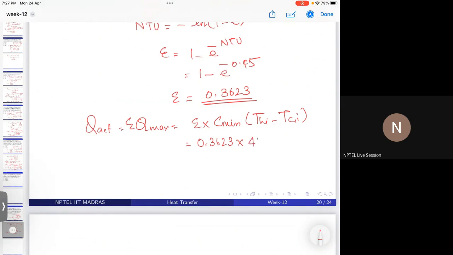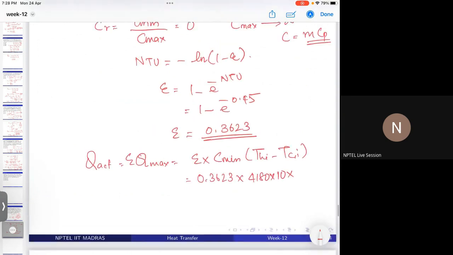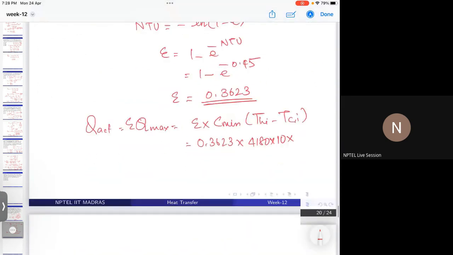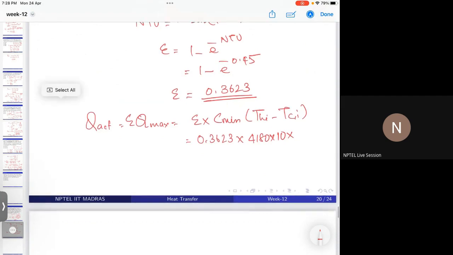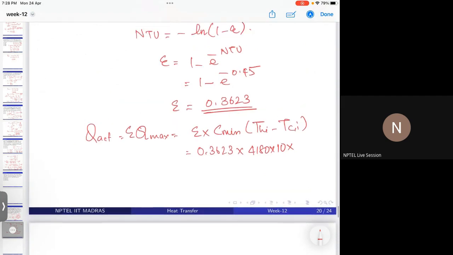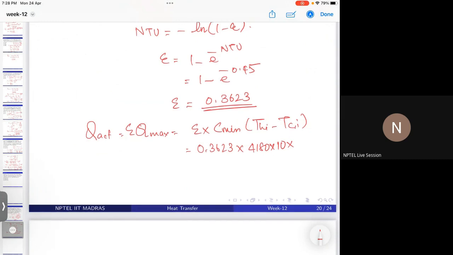So I am multiplying it by 10 tubes. This was for a single tube, so for the entire set of tubes we have to multiply by 10. This is equal to 100 minus 25. So this will come out to be around 1135810.5 watts. This is the actual heat transfer.